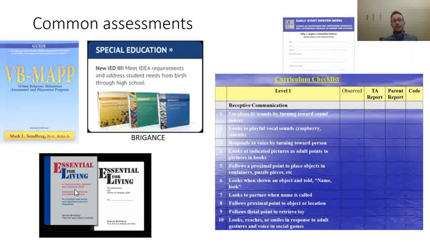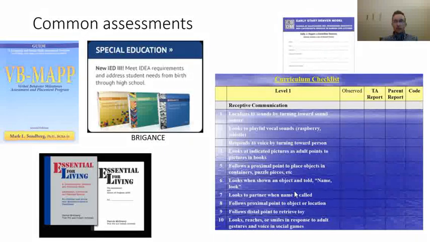The Early Start Denver Model, or ESDM, has a curriculum checklist, and this is an assessment that's mostly appropriate or useful for assessing very young children. So let's say 1 to 2 to 3 years old. And this is just an example of what the curriculum checklist looks like.